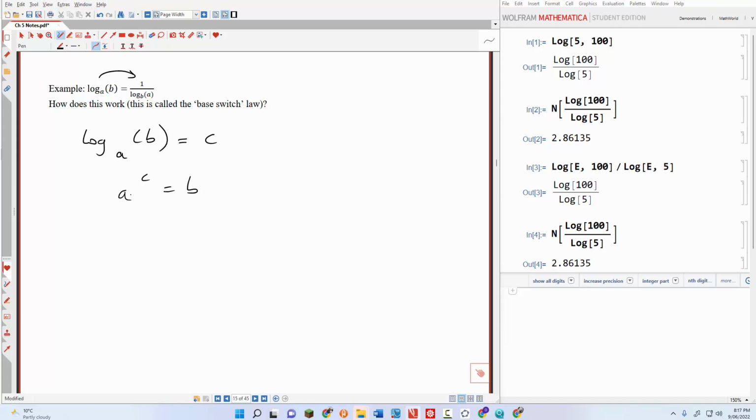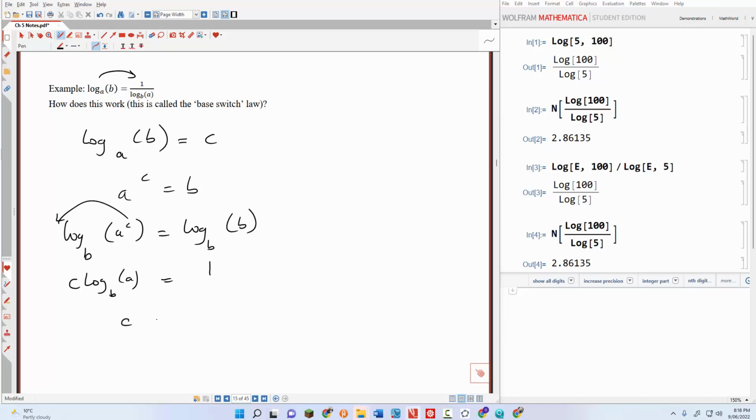If you thought I'm going to take the log base B, that's correct. So what I'm going to do is log_B A to the C equals log_B B. Now that C goes out the front to give us C log_B A, and this becomes 1.